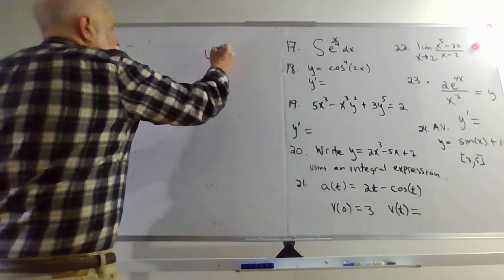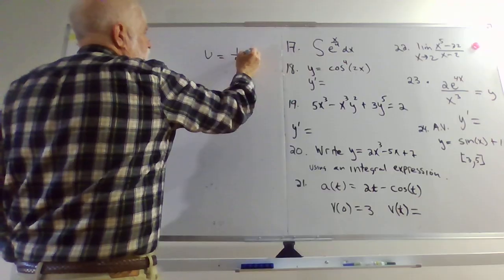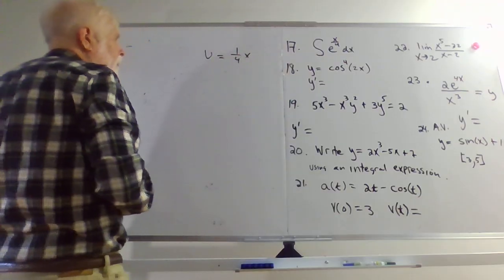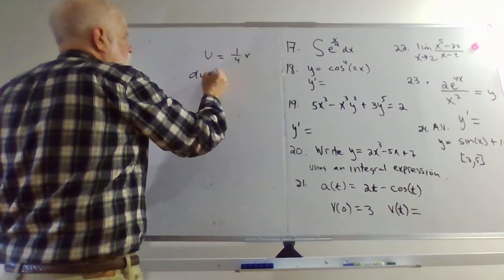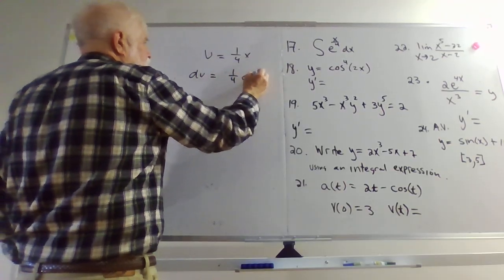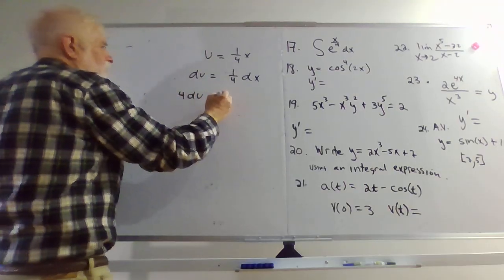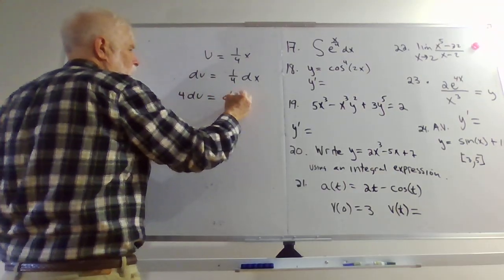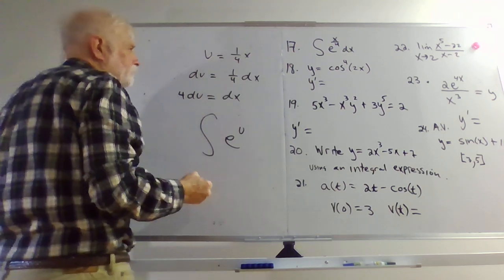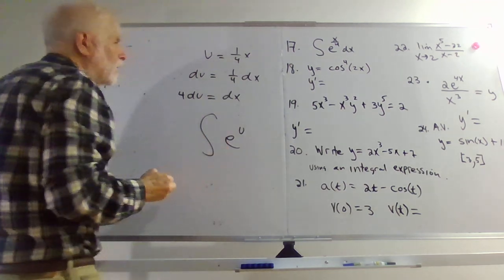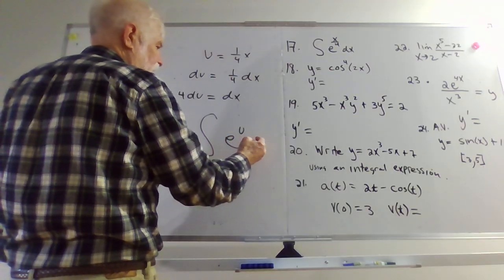Let's find out. u equals 1/4 times x. That's another way of saying x over 4. Division by 4 on the left. So now du is equal to 1/4 dx. Dividing by 4 on the left is multiplication by 4 on the right. And so now I have e to the u and du, and this is 4 du over here.